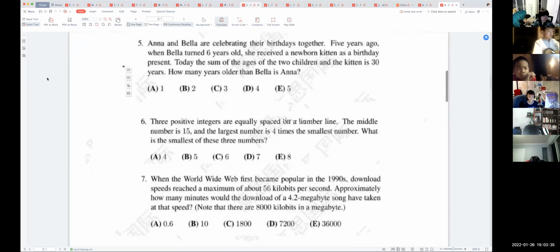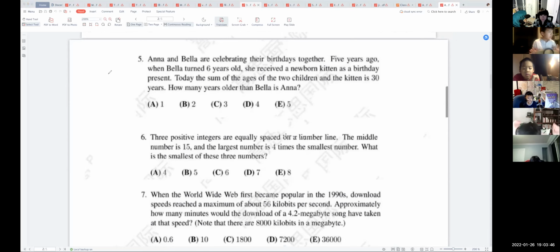So we have Anna and Bella celebrating their birthday together. So 5 years ago, Bella turned 6 years old. What does it mean? So 5 years ago, Bella is 6 years old. She has a little kitten, right? So 5 years later, how old is the kitten? Cat and Bella and Anna.